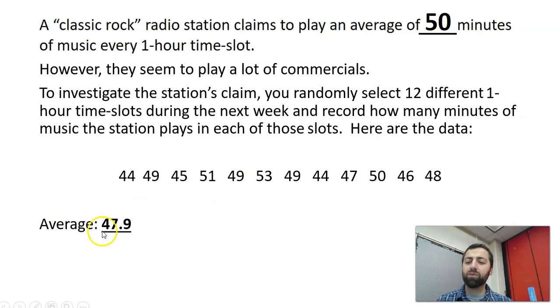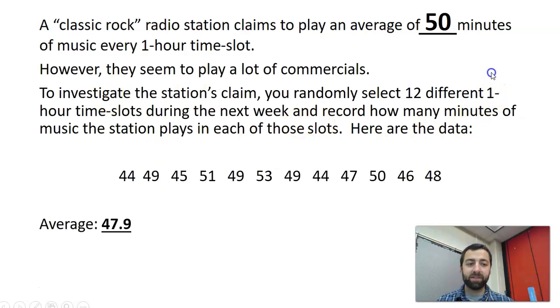But with 47.9, it's still possible that the true average is 50. We don't know yet. We're going to have to do some serious statistical analysis to be able to rule out the possibility that they do average 50 minutes per every 1 hour time slot.